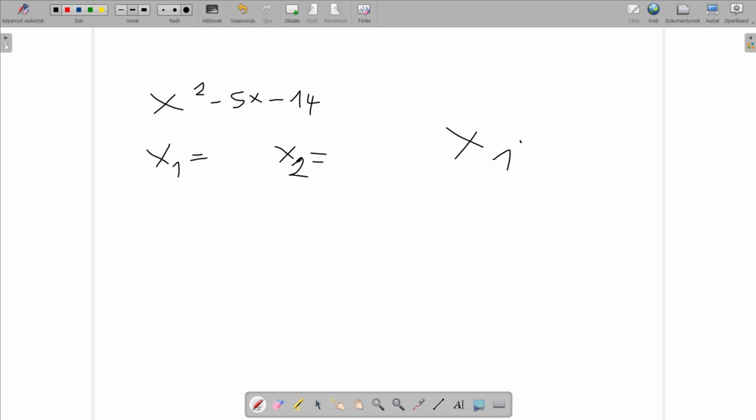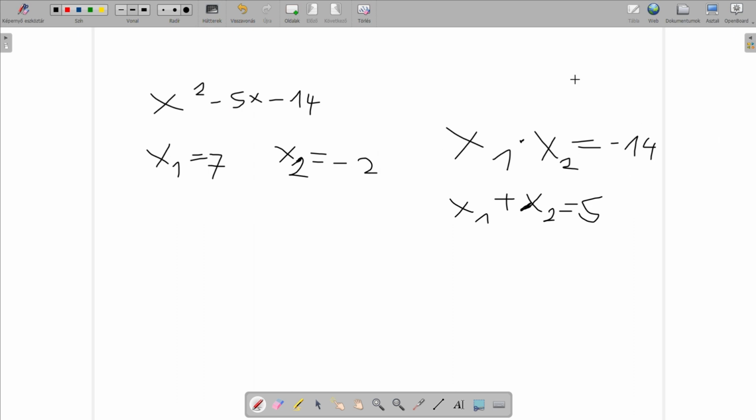So we know that x1 times x2 equals minus 14, and we also know that x1 plus x2 equals 5, the opposite of minus 5. So let's see. Can we find two numbers that if we multiply together we get minus 14, and if we add them together we get 5? Well, it's pretty easy. We would have 7 and minus 2.